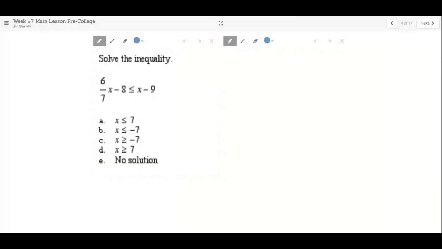Now, this is an easy problem. It is a linear inequality, which makes it pretty easy to do. This is not one that I would think many students would struggle with. This one, maybe some kids are going to struggle because there's a fraction in it.